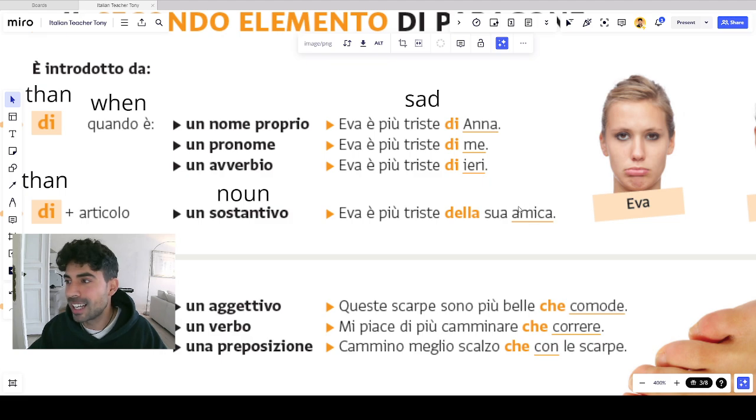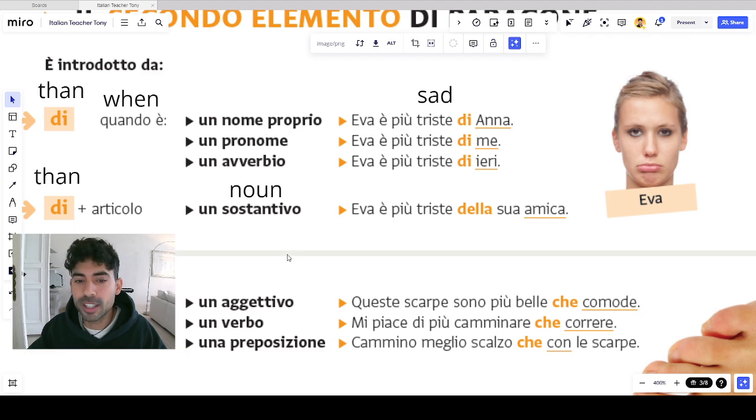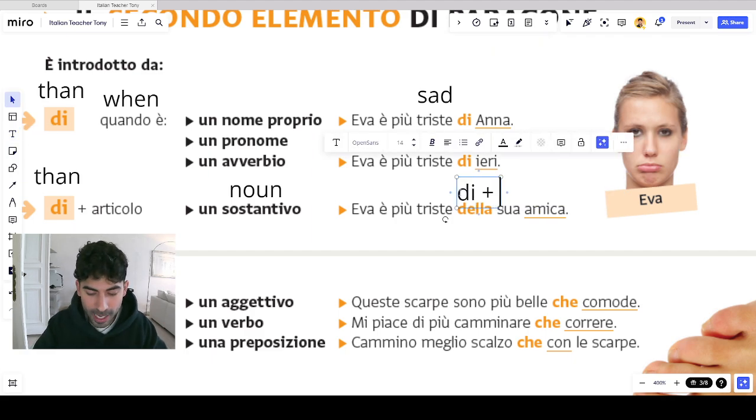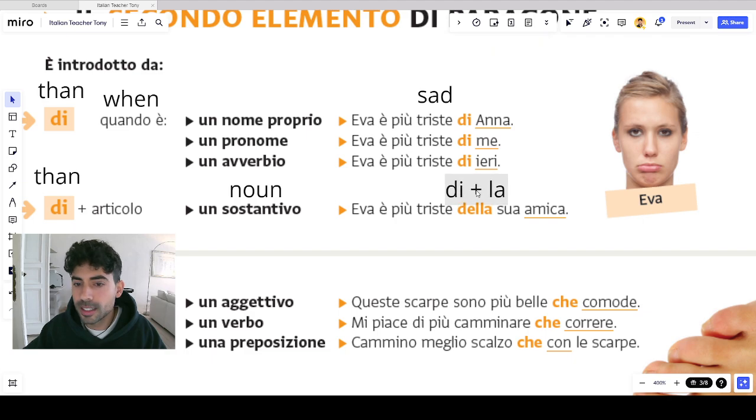So amica is the generic noun that we are having in here for the comparison, and this is why di becomes di plus la. Di plus la equals della, because the article for amica would be la. We still have to use the di for the comparison, but we combine it in della.